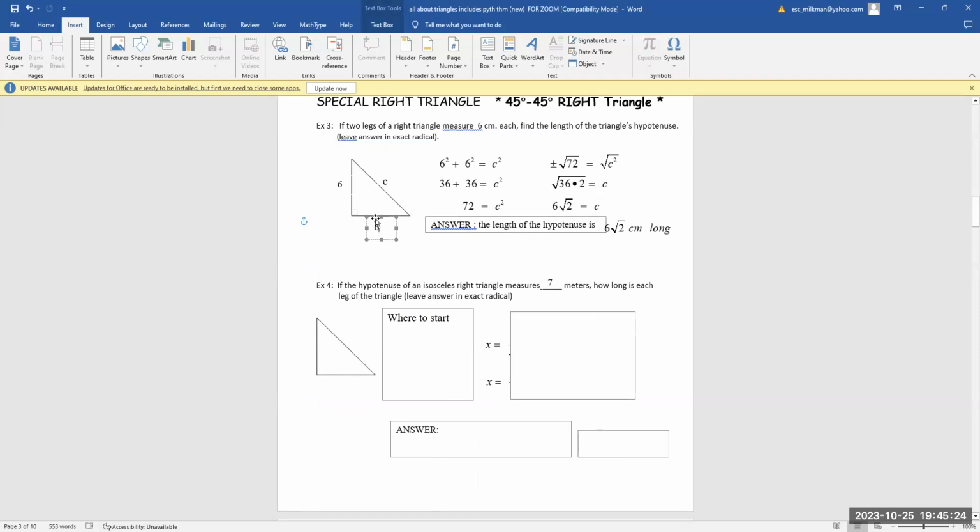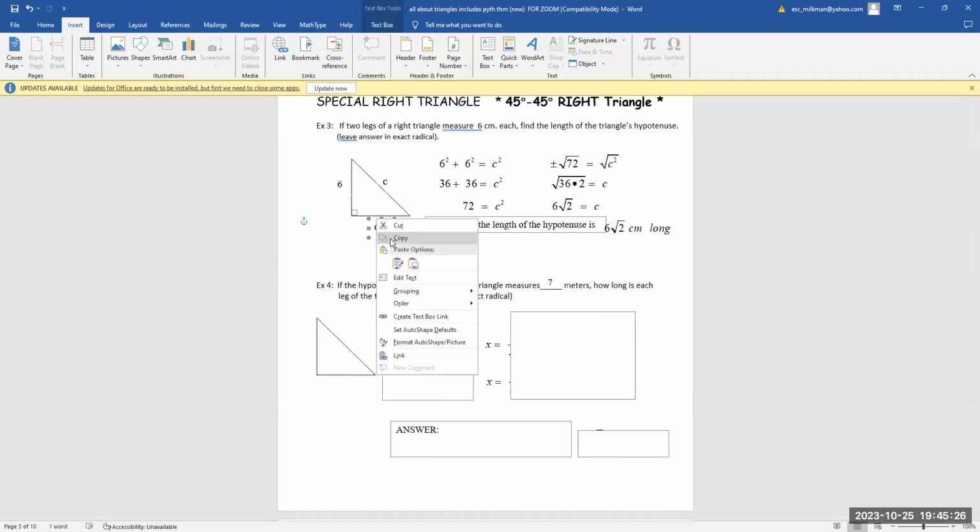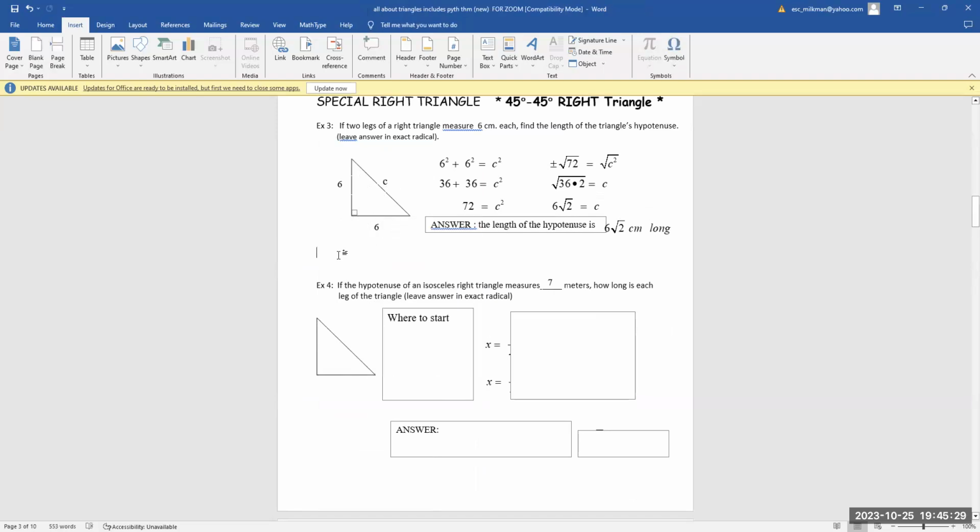We know the length of the hypotenuse happens to be 7. Since this is an isosceles right triangle, both of these sides have to be exactly the same.